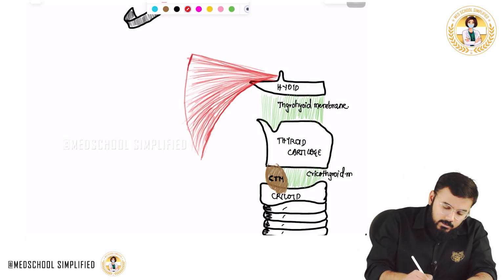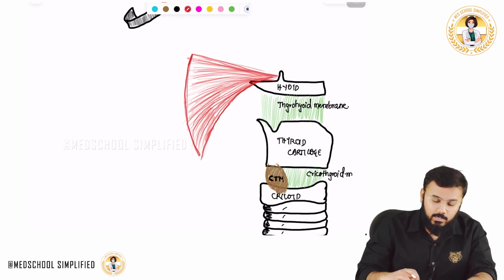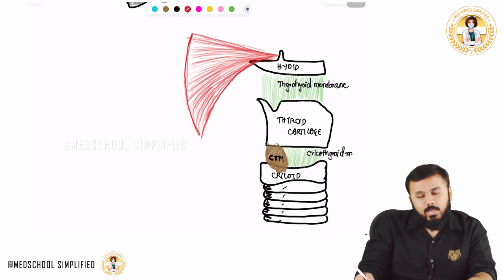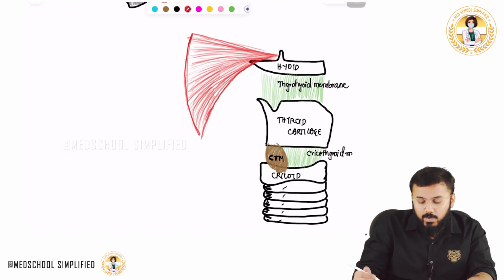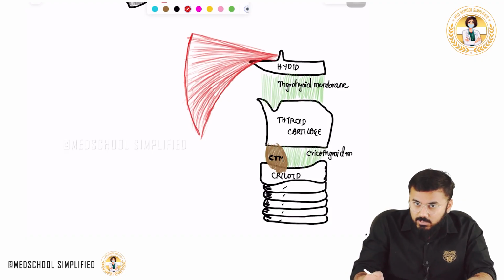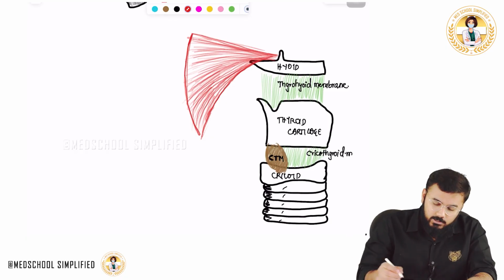Now after this middle constrictor muscle, the next important muscle which you can see here is actually having two parts. One is called thyropharyngeus, another one is called cricopharyngeus.